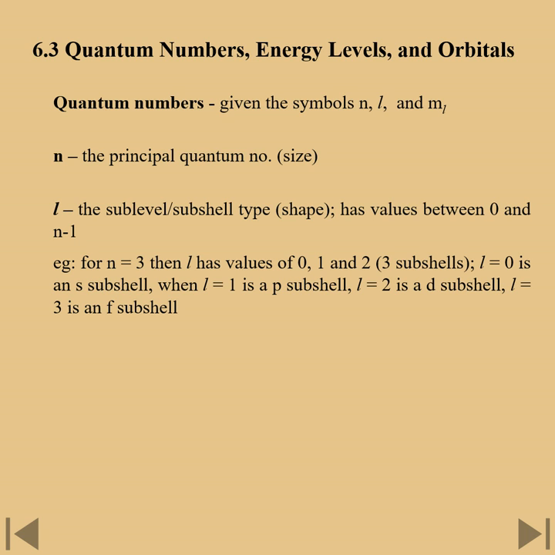We're going to find that when l equals 0, we have an s subshell. When l is equal to 1, we have a p subshell. When l is equal to 2, we would have a d subshell. And if we ever get up to where l equals 3, then we have an f subshell. And we just learned where the s's, p's, d's, and f's are.